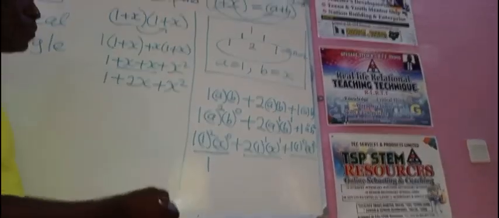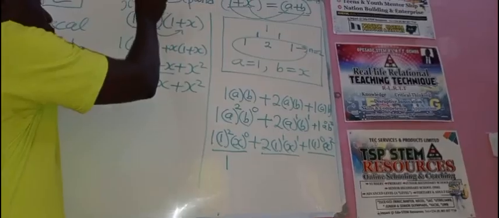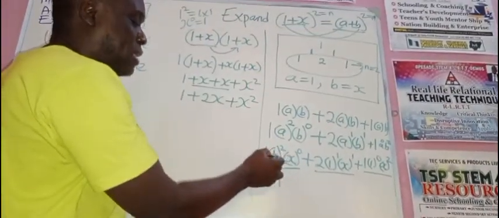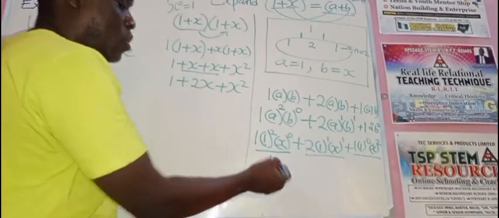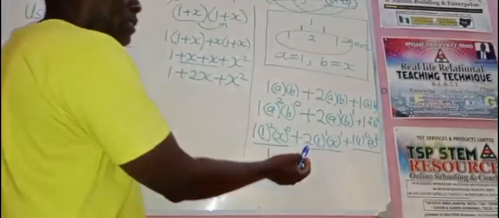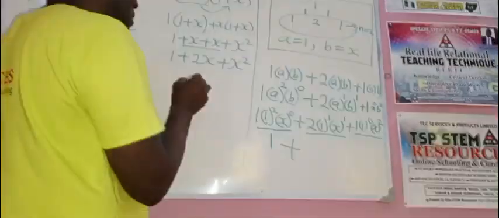What is x raised to power 0? 1. So 1 times 1 times 1 is 1. Now plus, let's come to this place. What is x raised to power 1? It is x.